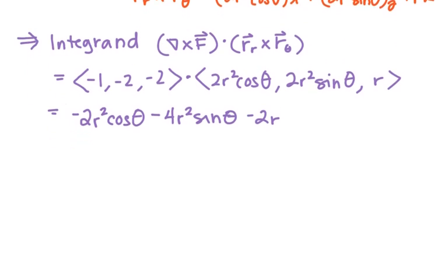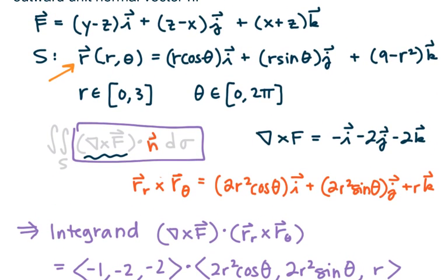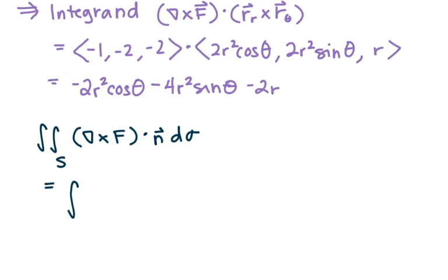So setting this up then, my double integral across my surface, again, del cross f dotted with n d sigma, and that's going to equal the integral. Now, this is my integrand, in terms of r and theta. Remember, theta was between 0 and 2 pi, r was between 0 and 3, that was given.